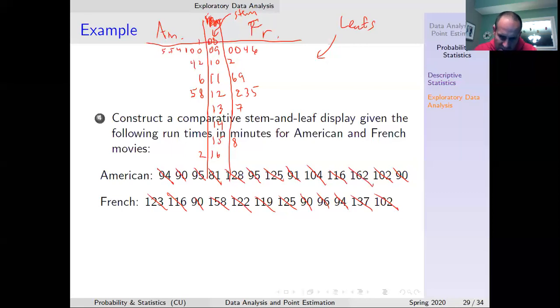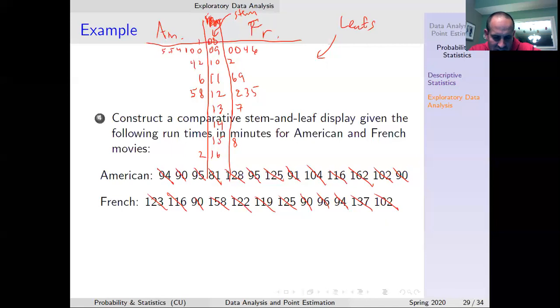So you can kind of get a pretty good idea of how this data is collecting here, or you can compare these two distributions. It looks like overall the American side is bunched up more towards the smaller numbers. And again, these were run times in minutes for American and French movies.